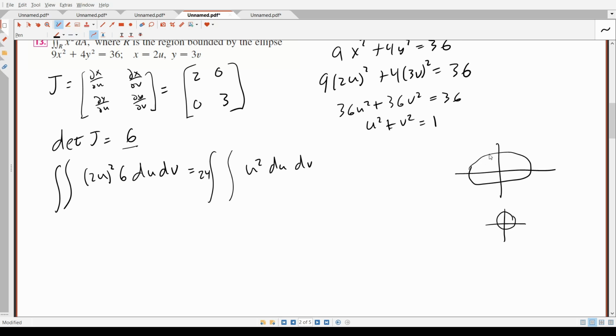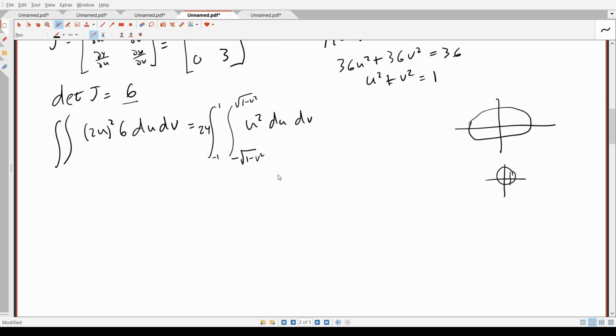If we do a strip of this circle, we would go from negative square root of 1 minus v squared to square root of 1 minus v squared, with v from negative 1 to 1. And when I integrate this, I'm going to get some powers of 3 halves, and it's just not going to be pretty. This is going to be a kind of difficult integral.